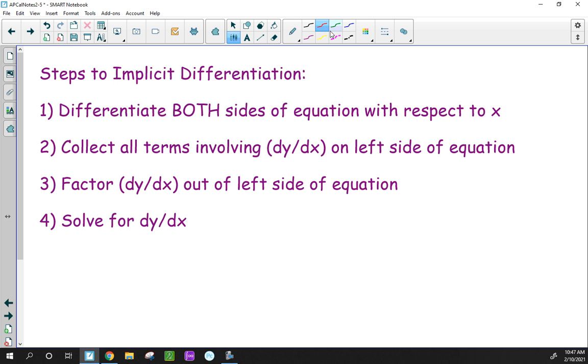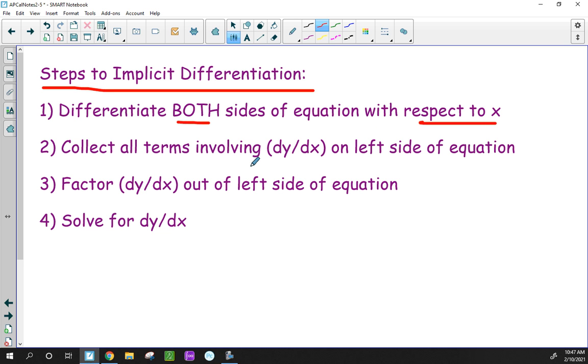Okay, so here are our steps that we're going to follow today when we know that we have to use implicit differentiation. In other words, we know that the problem cannot easily be solved for y, and we're going to have to find the derivative anyway. You're going to differentiate both sides of the equation with respect to x. So you have to do both sides with respect to x.